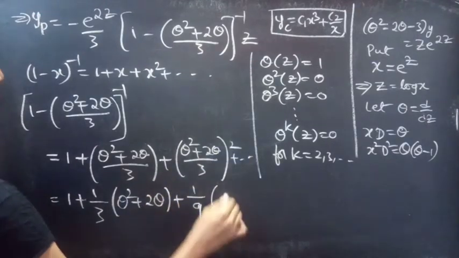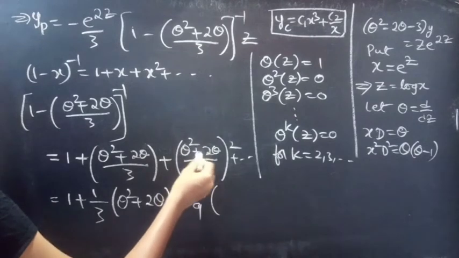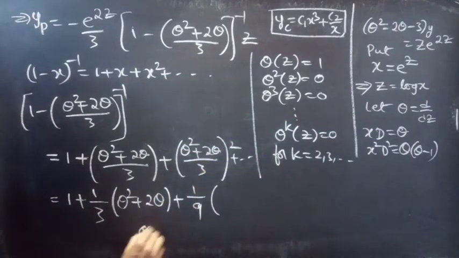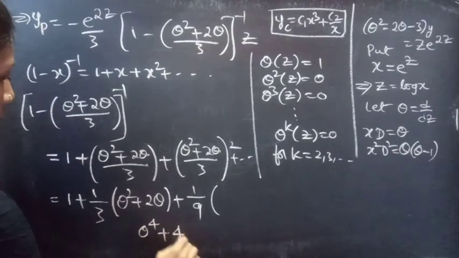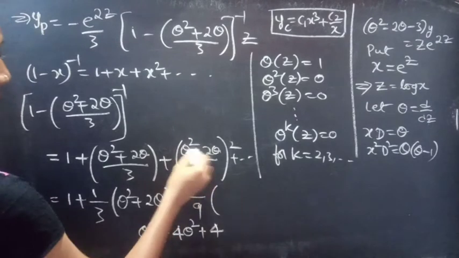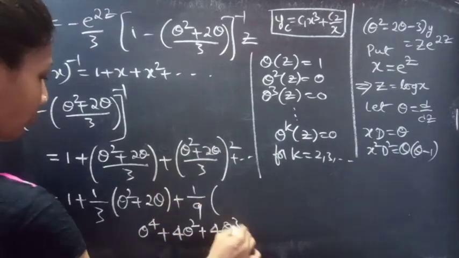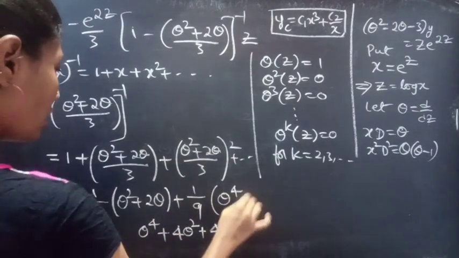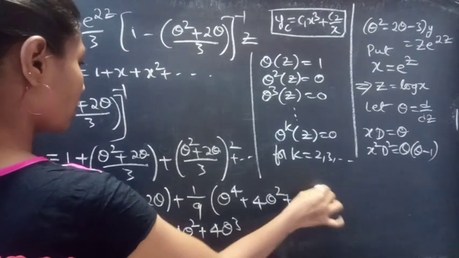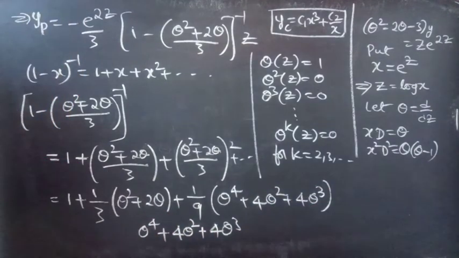You'll get 1 by 9 into the expansion of theta square plus 2 theta whole square, which is theta power 4 plus 4 theta square plus 4 theta cube, since 2 twos are 4 and theta square into theta is theta cube.